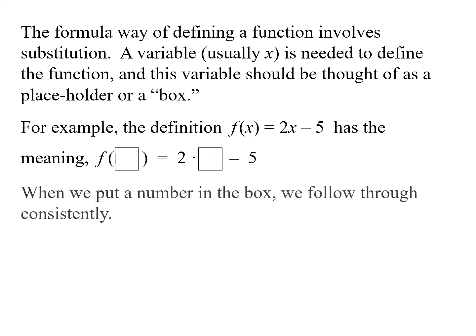When we put a number in the box, we follow through consistently. So if we put 9 in the box, we follow through, and we get f(9) equals 2 times 9 minus 5.